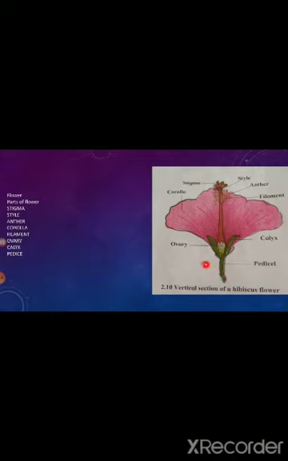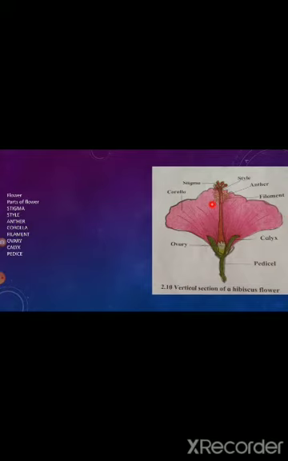So friends, do you know like we have females and males in human beings, like that in flowers also there is a female reproductive part and a male reproductive part. The male reproductive part is called androecium and the female reproductive part is called gynoecium.